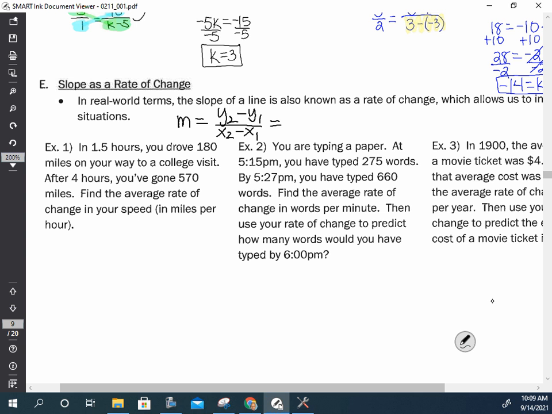So when you're deciding what to set up, what you cannot control goes on top. The change in what you can't control.